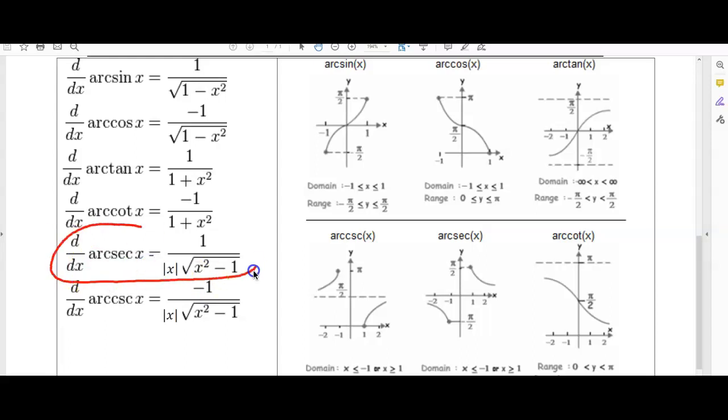So it seems like the derivative of arc secant is 1 over the absolute value of whatever's here, times the square root of that value squared minus 1. All right. So whatever's here goes in these two spots down here. The rest of it stays just as it is. So let's go ahead and go back to our problem and apply that now.